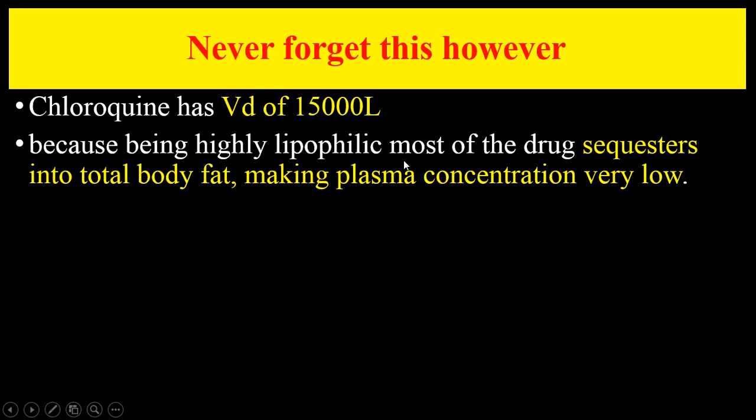One of them is lipophilicity. Chloroquine sequesters into the body fat, so it will accumulate there. For example, these are the molecules of chloroquine, and when they see this fat, they will sequester here and concentrate over here.